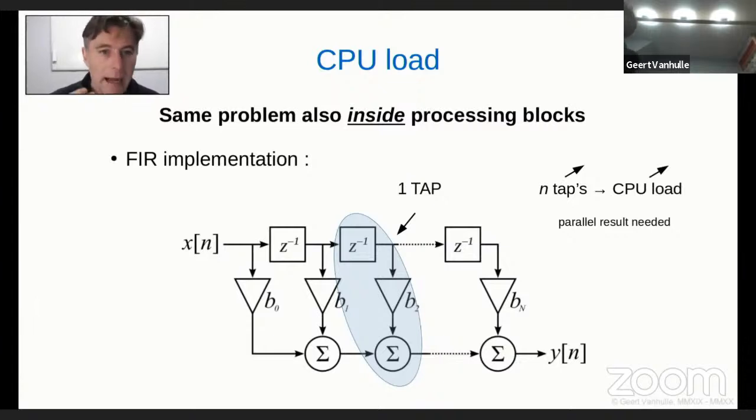But we already had this parallel processing between the blocks. So we actually have a requirement for a huge amount of parallel processing, which leads us to the fact that CPUs are maybe not the perfect device in software-defined radio, especially not when we are going towards a satellite environment.